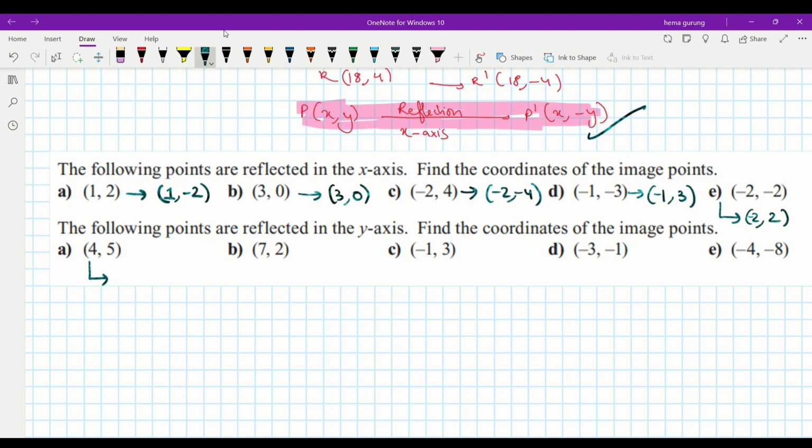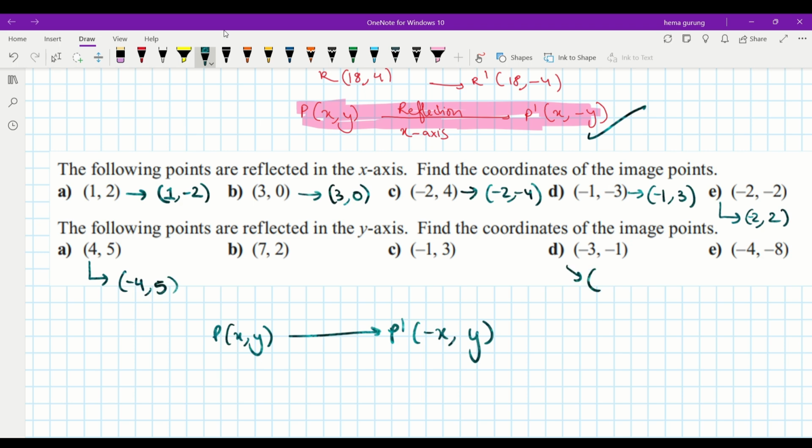Now let's see the y-axis. When we reflect a point about the y-axis, you'll see y remains the same, whereas the x coordinate is negative. So its image will be negative 4, 5. Similarly, you can do the others.